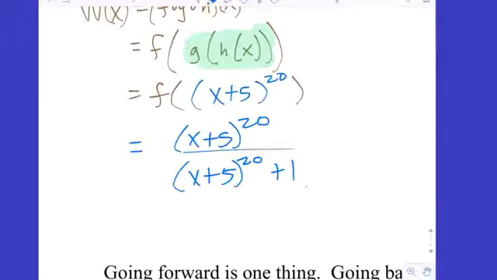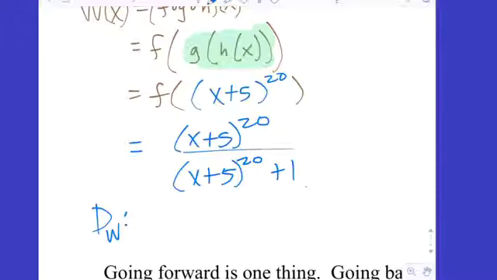Can we find the domain, though? Yeah, the domain of W. We don't have a radical, but we got ourselves a denominator with a variable in it. Is x plus 5 to the 20th plus 1 ever 0? Ooh. When x is negative 5, it gets close.